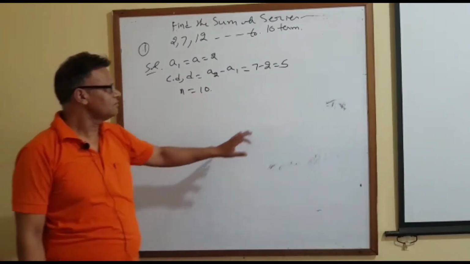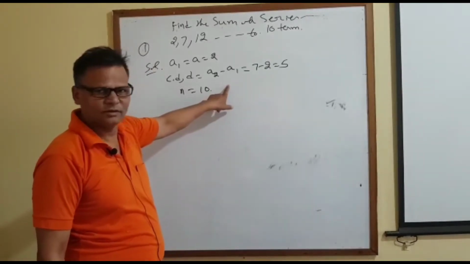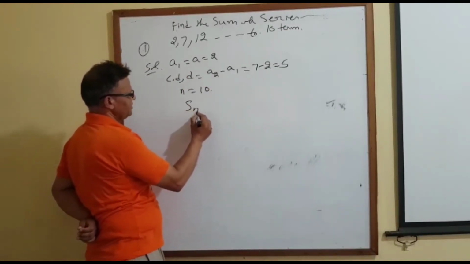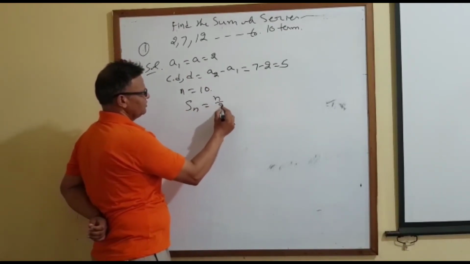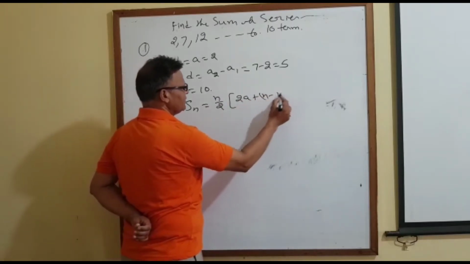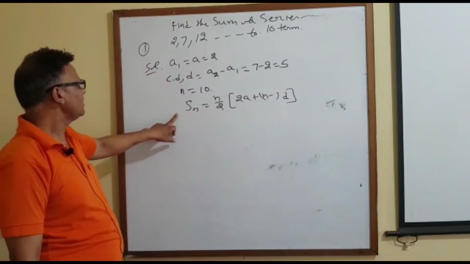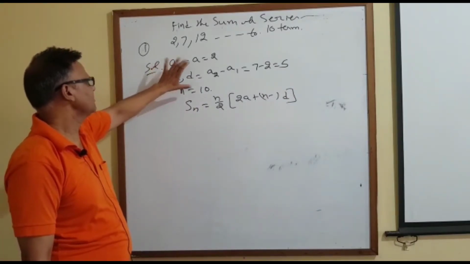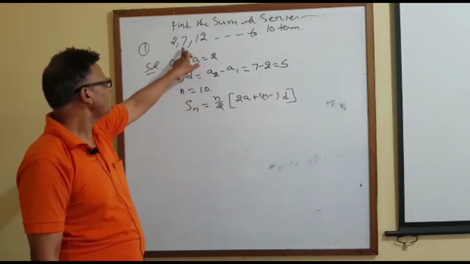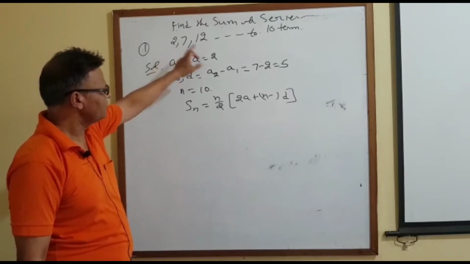So as I told you, of the two formulas, in this case we use the first one, Sn is equal to n over 2 into 2a plus n minus 1 into d. We are using this formula because all other things are given, a is given, n is given, and d we can find by subtracting the first term from the second term.